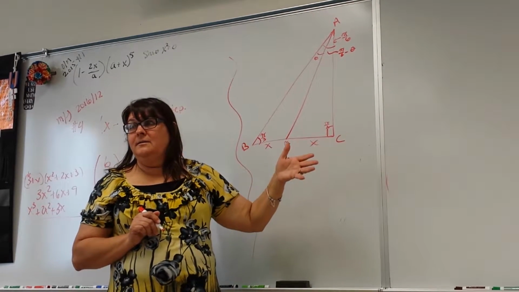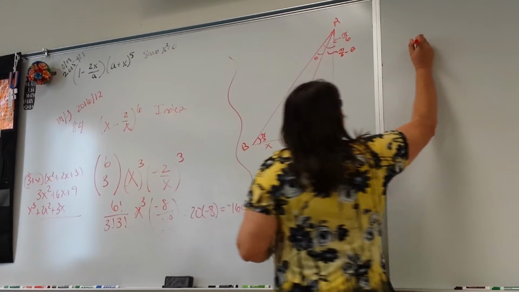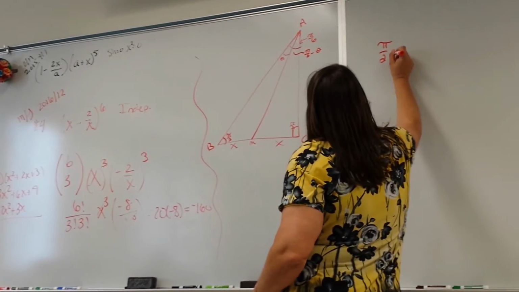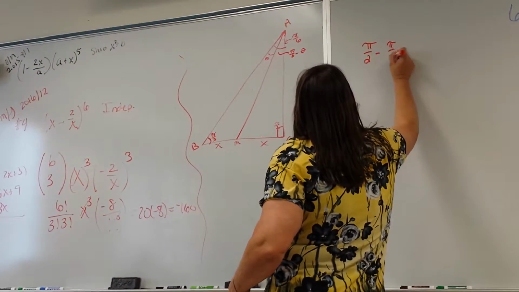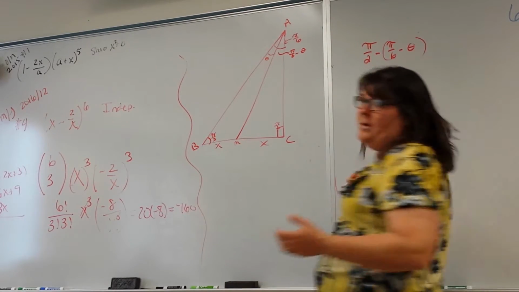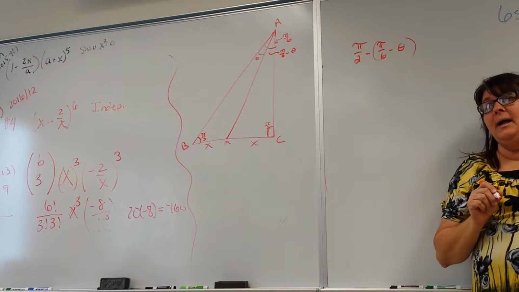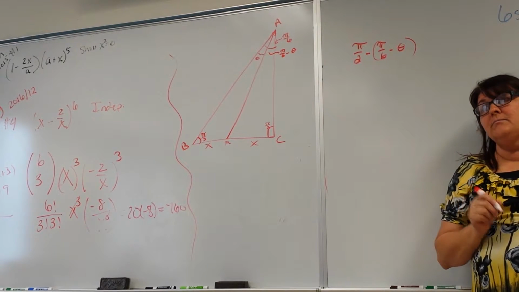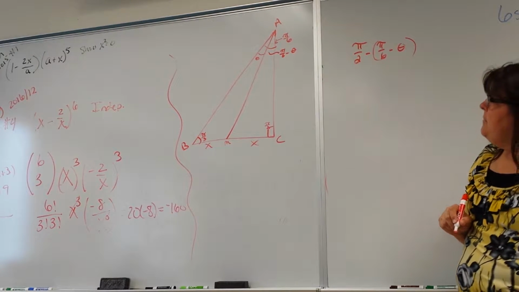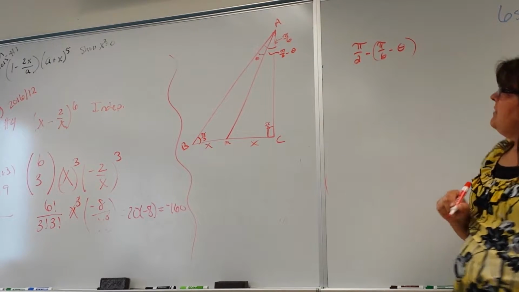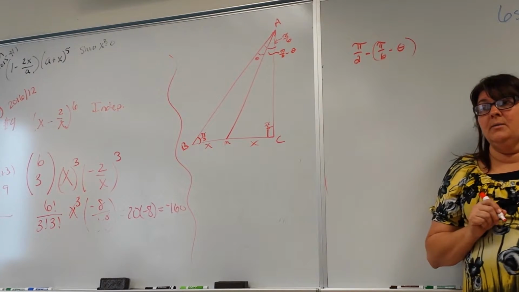Life is good. No? Okay, I get what you're saying, but I would never think to do that. Okay, so how would you have done it? There are still more ways to do it. You would probably do pi minus pi over 2 minus pi over 6 minus theta, right? You would cry.